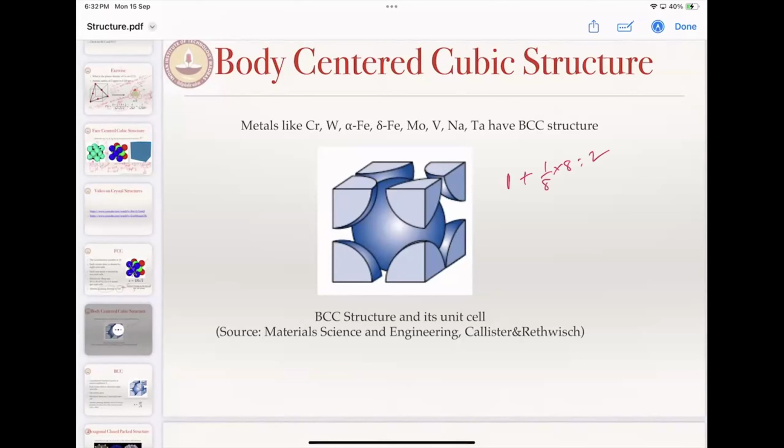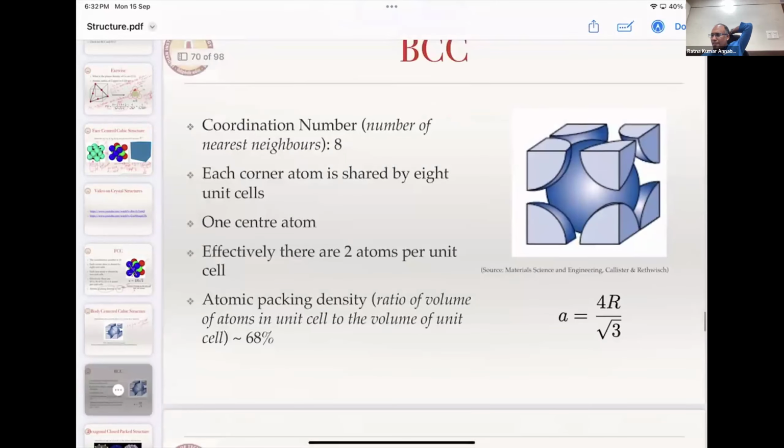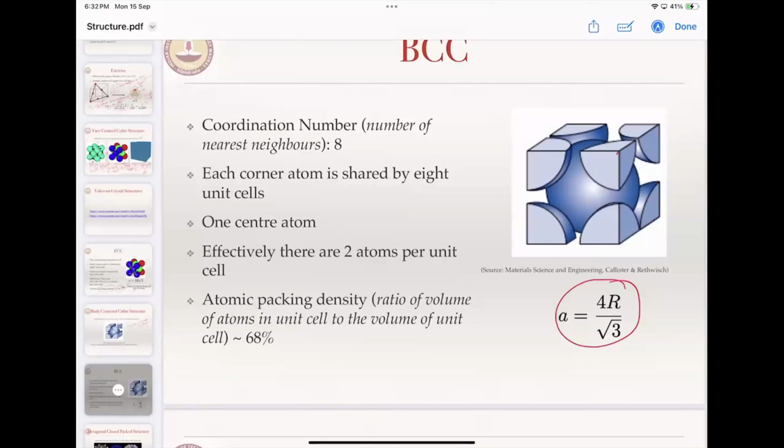Volume is A cube, but 2 into 4/3 pi r cube is your atomic volume. This should also be written in terms of A. A is 4r by root 3, because the body diagonal is 4r. So R is equal to A root 3 by 4.